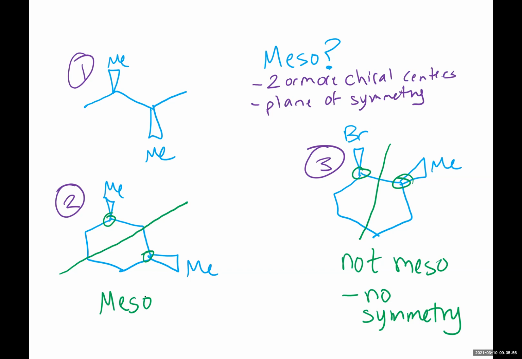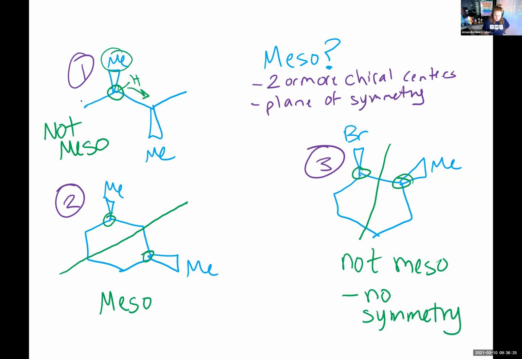It's not meso. It's kind of a trick question. It actually doesn't fit the first category. It doesn't have any chiral centers. So I know it's drawn with wedges. It's drawn in a tricky way. But if we look at what's attached at the carbon that looks like it should be a chiral center, it has this larger carbon group attached to it, a hydrogen, and then 2 methyls.